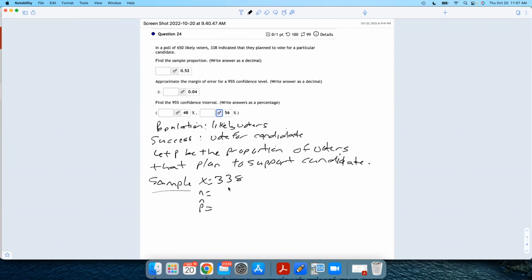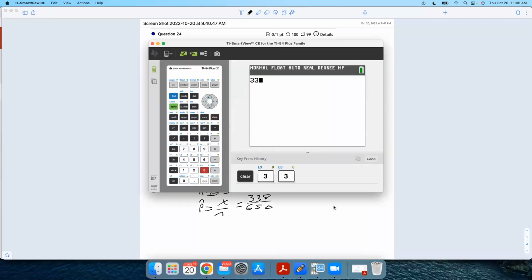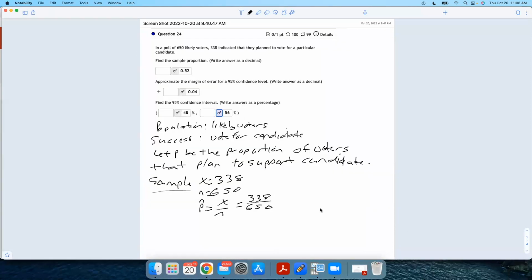N is, literally since day 1, sample size, 650. P hat is always X over N. So what do we get there? 52%.